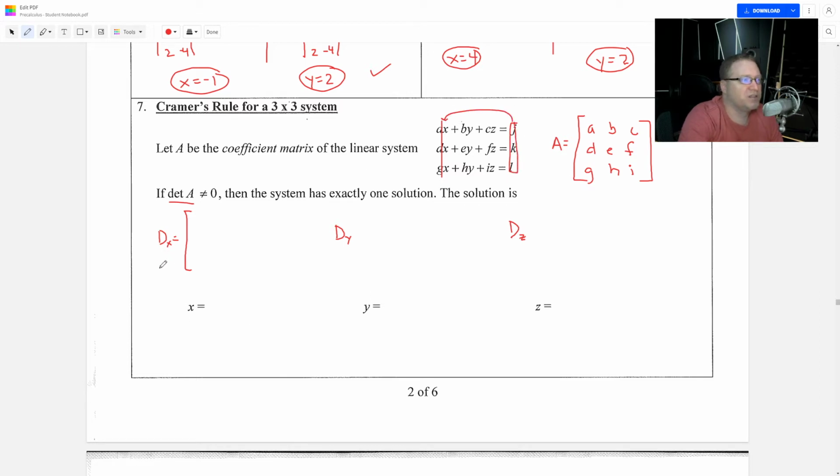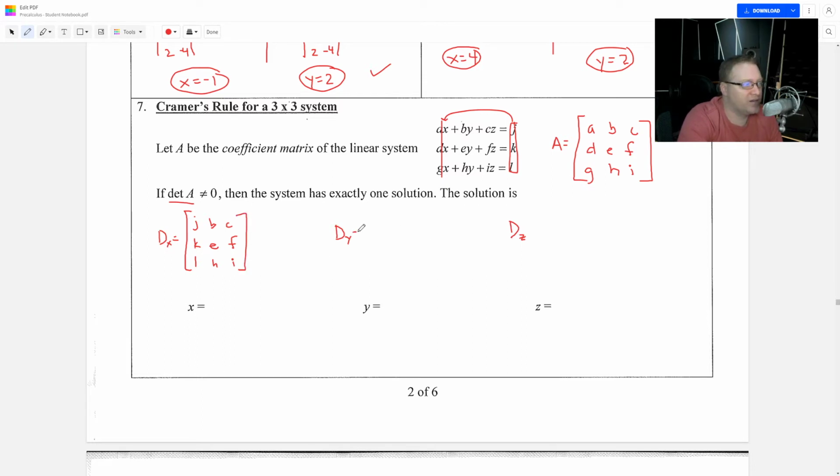So it's going to be j, k, l, and then everything else is the same: b, c, e, f, and h, i. That's that matrix.